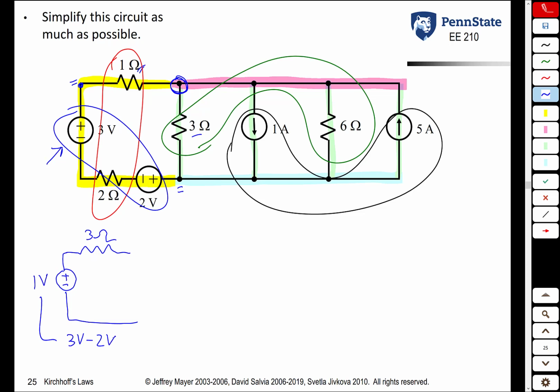The fact that I put the resistor on top and the voltage source on the left really doesn't matter. I could have flip-flopped them. I could have put one of them down here on the bottom. It really doesn't matter. As far as the components in parallel now, the 3 ohm and the 6 ohm resistor become an equivalent resistance.